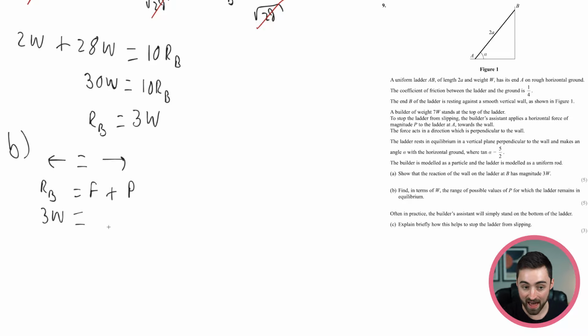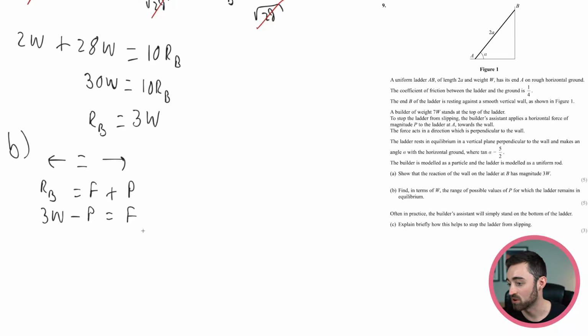F, can we work out F? Well, I think we can, because F is going to be less than or equal to mu R, isn't it? So instead of using this equality here, I'm going to get F on its own. I'm going to take P from both sides. I'm going to get 3W minus P equals F, okay?